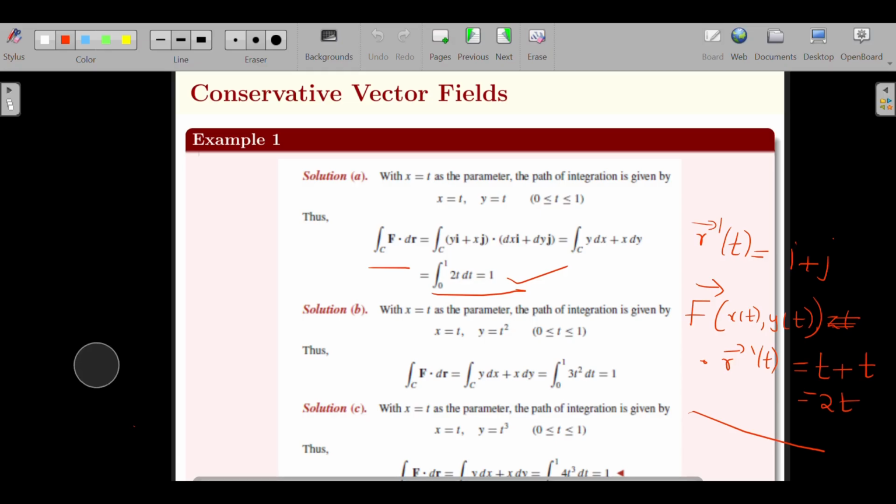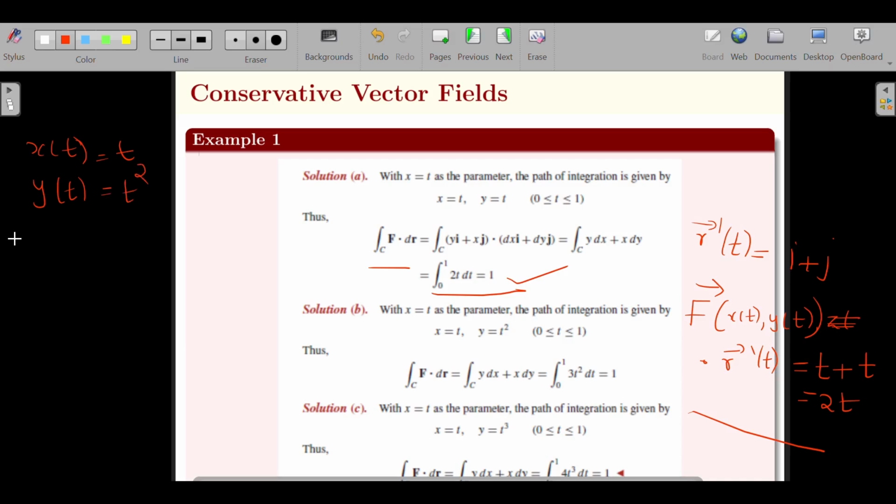We have already discussed in our class that if the curve is a parabola, then we can take x of t as t and y of t as t square.